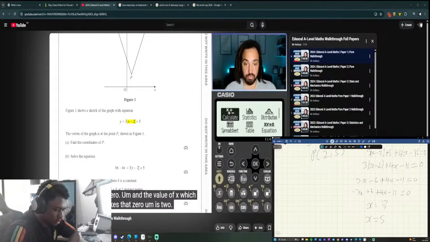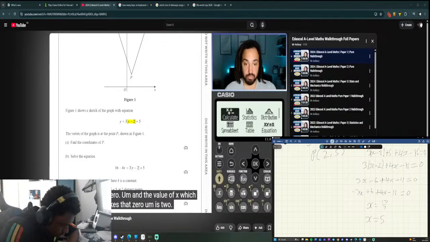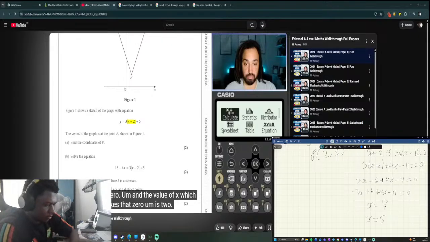So 3, and then how do you do modulus on this thing? There's a way, but I don't know how. Is it absolute? It is. Boom. Okay.